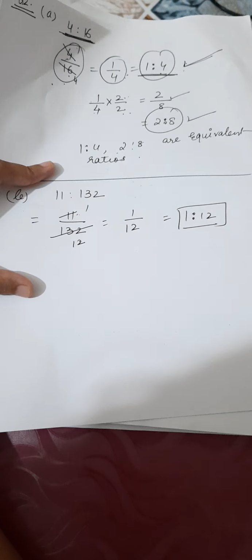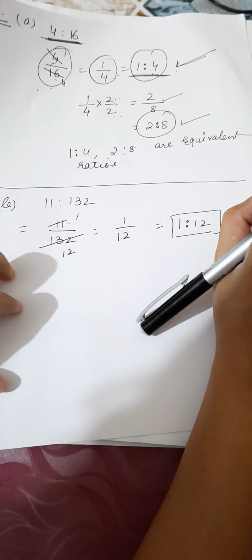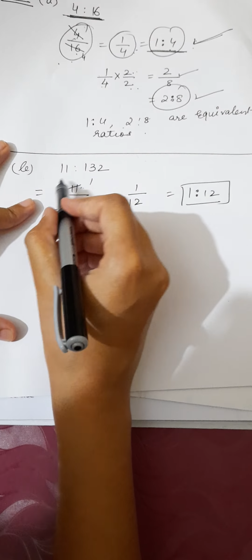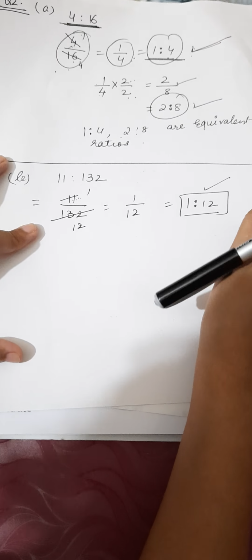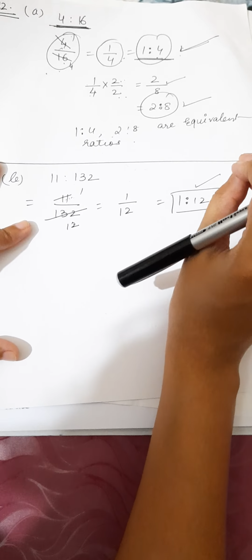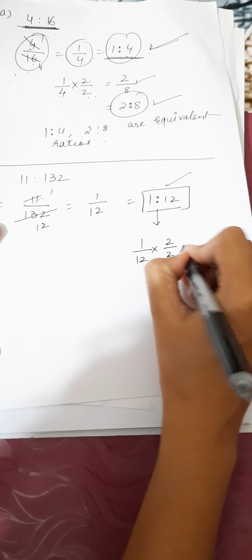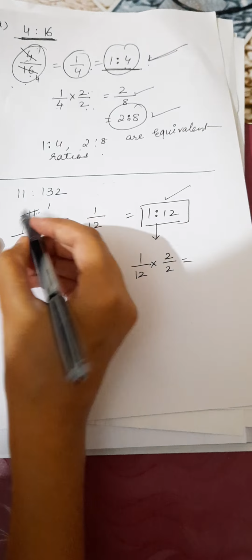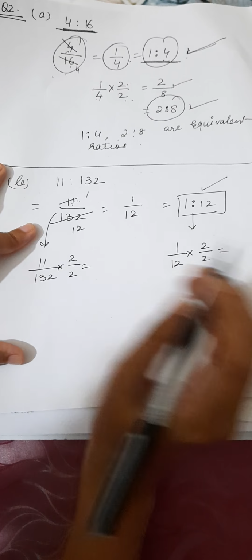Now what you can do is, or what I have done in the first part also, I am going to explain a better way in this part. First of all, I cancelled these two on the table of 11, and this was my simplest ratio. If I have to find the equivalent ratio, either with this 1 upon 12 I can multiply and divide with the same number, or with this 11 upon 132 I can multiply and divide with the same number.